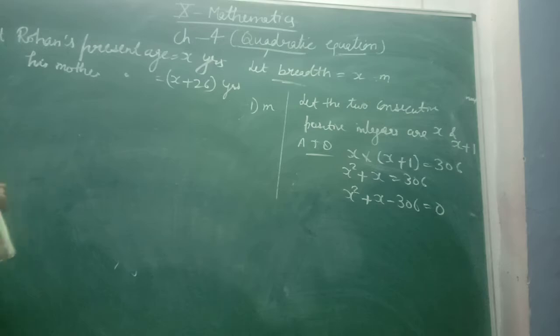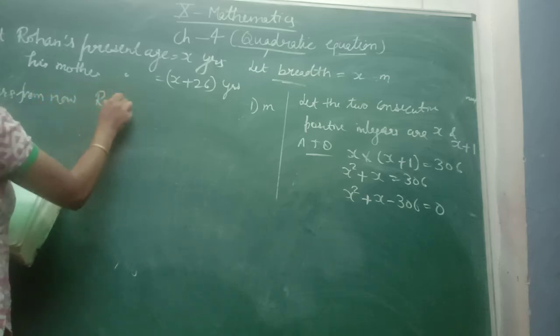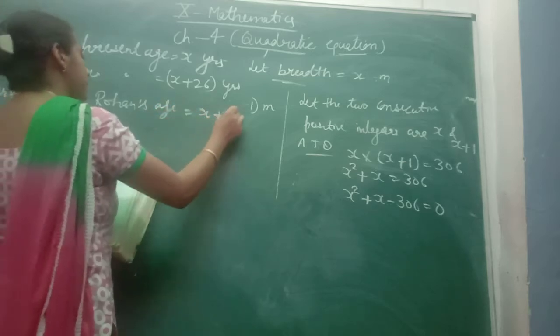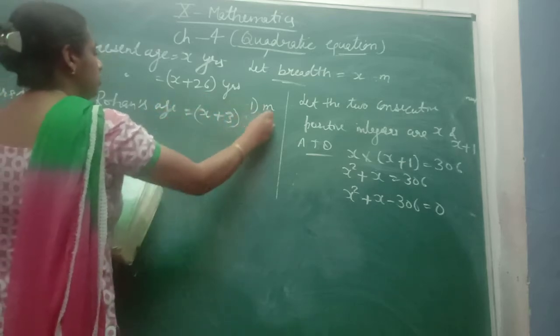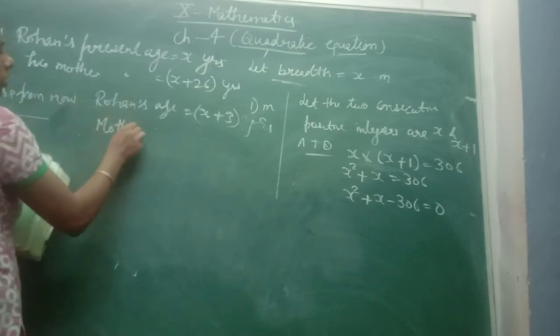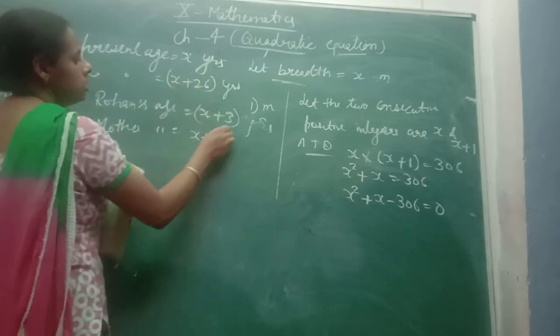But they are talking about 3 years from now. 3 years from now, आज से 3 साल बाद रोहन की एज क्या होगी? Rohan's age will be x plus 3. And mother's age 3 years from now, रोहन की मदर भी तो चेंज होंगी. Their age is also increased by 3. So firstly their age is x plus 26.